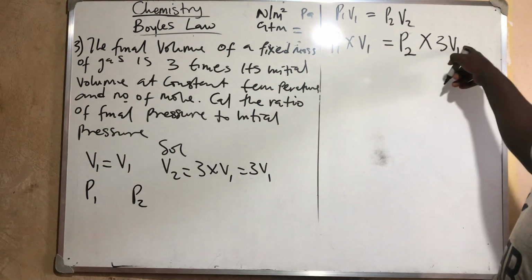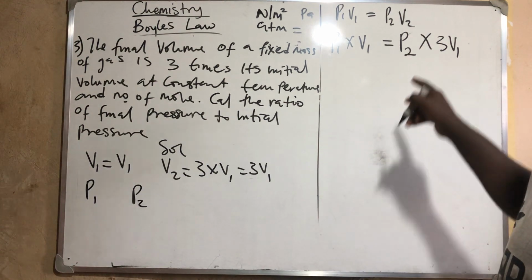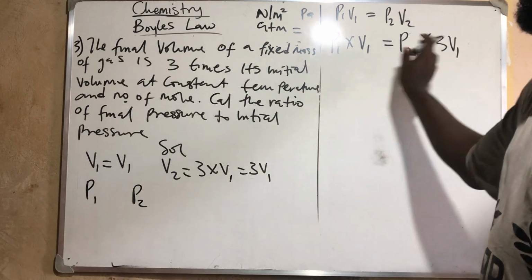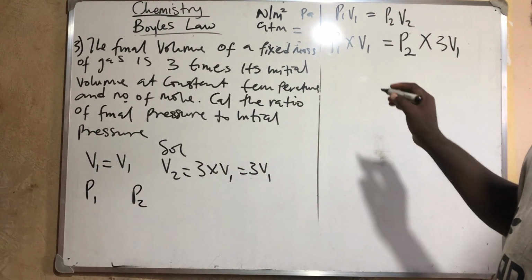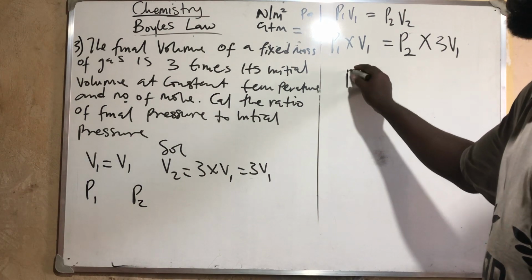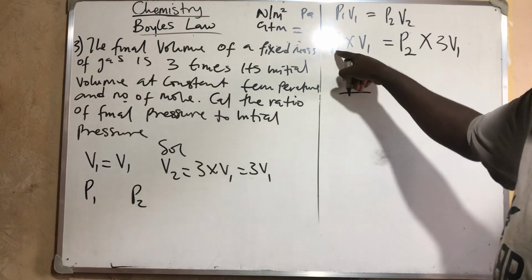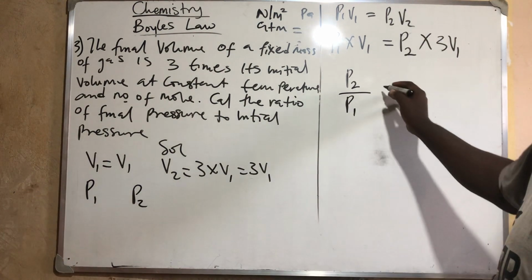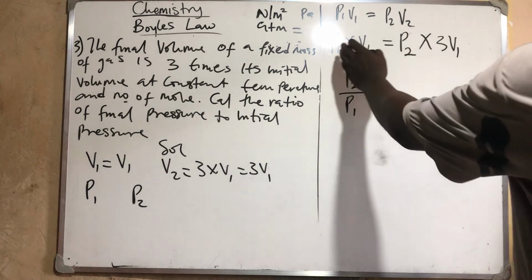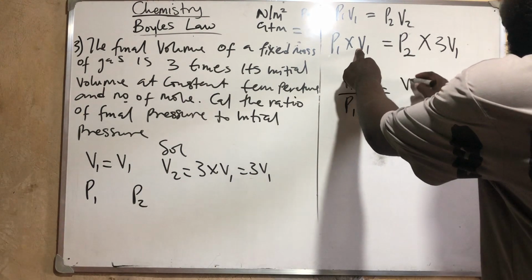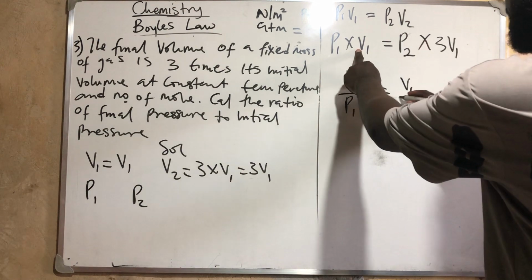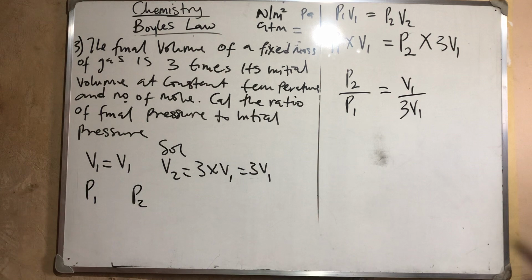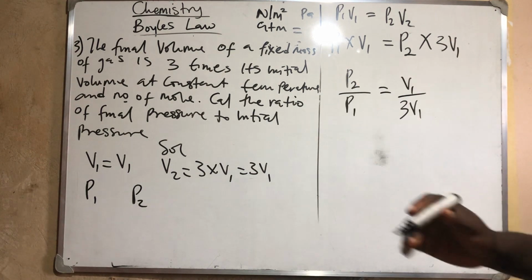I want P2 to be up, so P1 goes down. That means P2 on top, divided by P1, is equal to 3V1 over V1. Everybody will be on the same side.